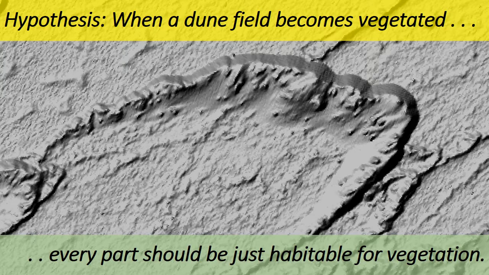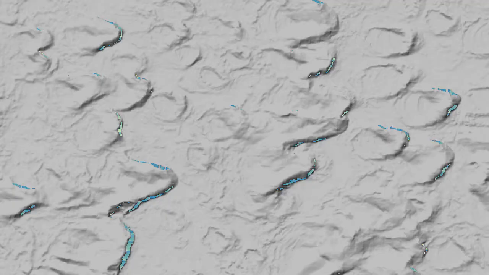And our hypothesis really is when a dune field becomes vegetated, every part of the dune field should be just habitable for vegetation. Or you can say, when a dune field becomes vegetated, every dune slice should be just habitable for vegetation. And so we address this question on a really large scale at a number of different dune fields, and you can read about the results in the paper.